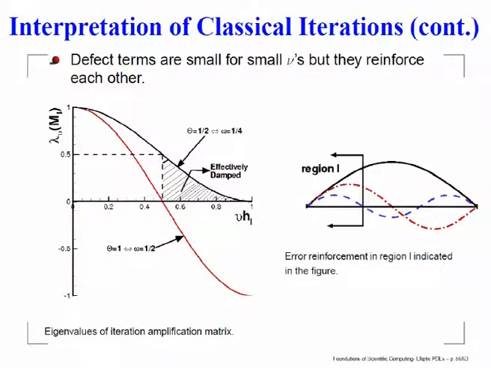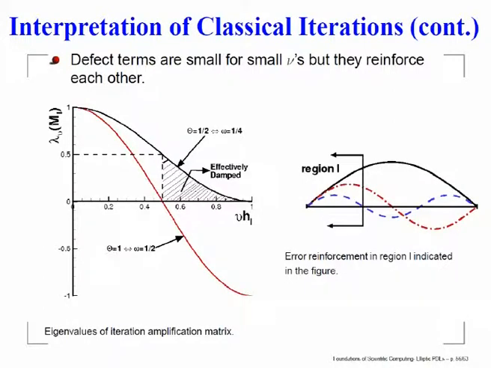So even though we are talking about a linear problem, where I would legitimately demand that I could superimpose the solution, unfortunately the error shows that its spatial distribution changes because of this kind of a property. Okay, so error reinforcement in region 1 is very much of a possibility.